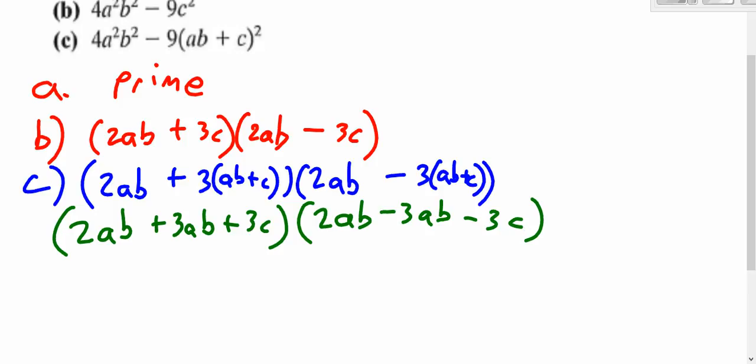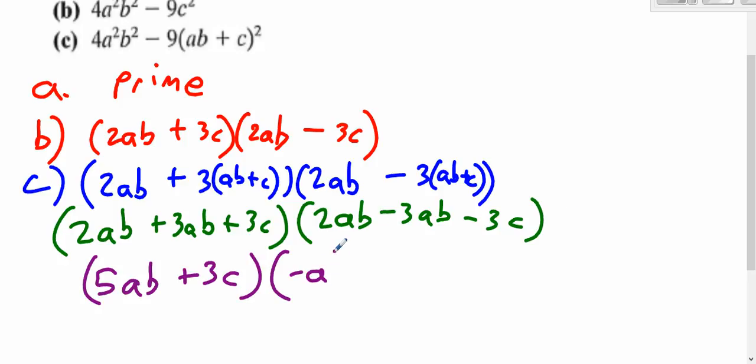And then inside those parentheses, each one we're going to see if we can combine like terms. So 2ab plus 3ab, 5ab. And we have the plus 3c. 2ab minus 3ab would be negative 1ab, minus 3c.